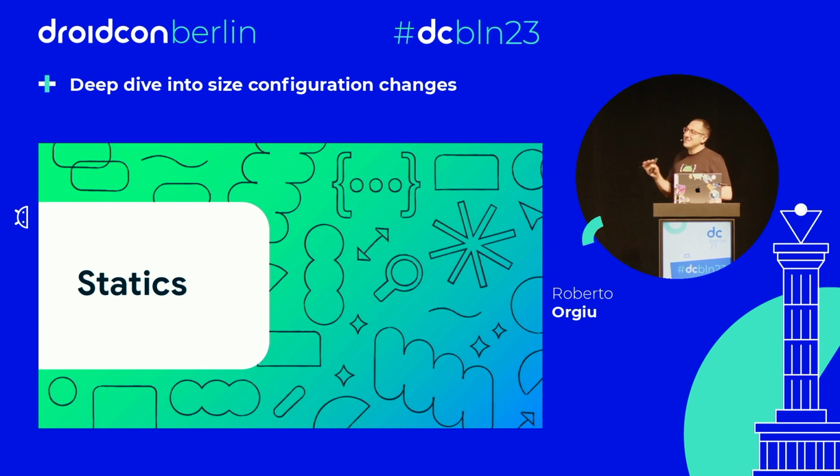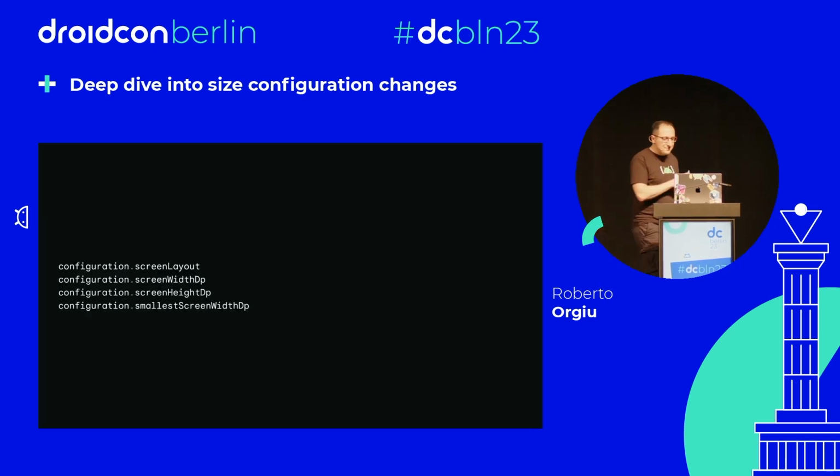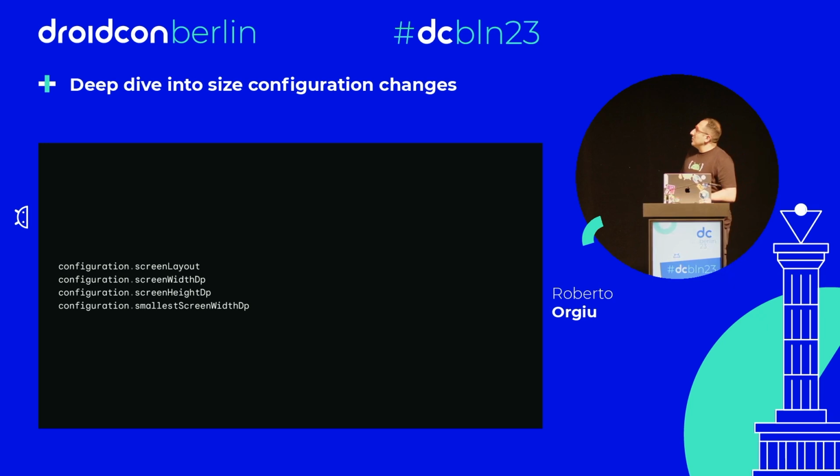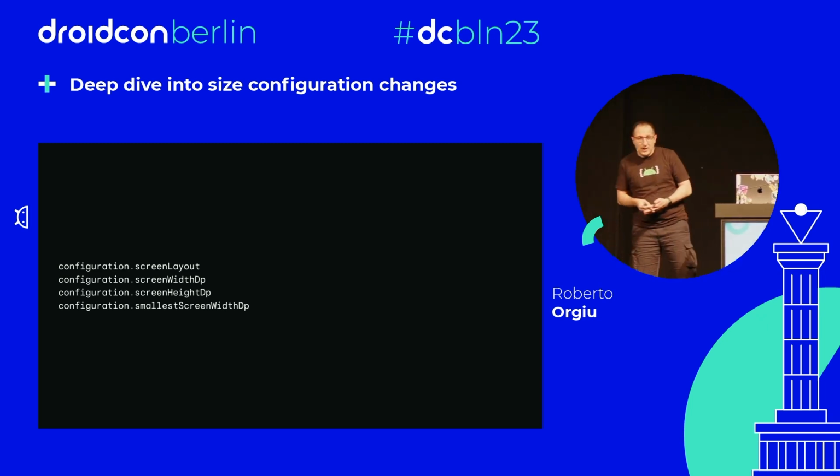OK. Now that we have all the definitions for this talk set, let's start with everything that is static. So again, anything that is verified at a specific moment of time. So if you look at these 4 fields of the configuration, you see that there is a screen layout, the width of the screen in DP, the height of the screen in DP, and the smallest width of the screen in DP, right?